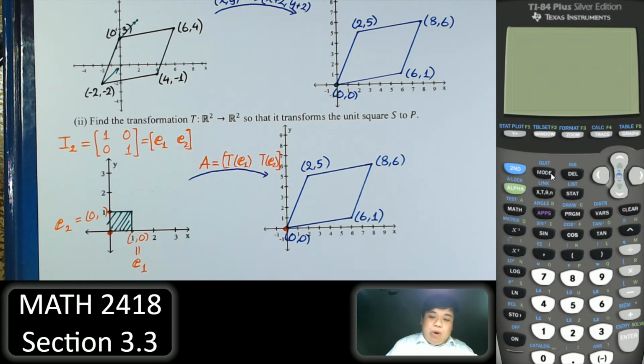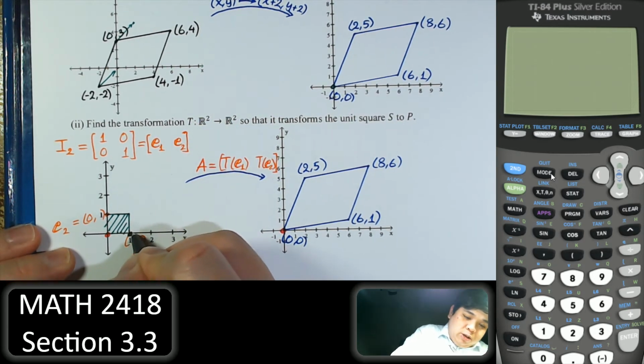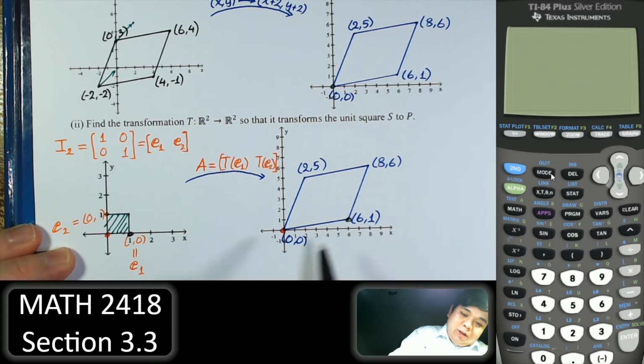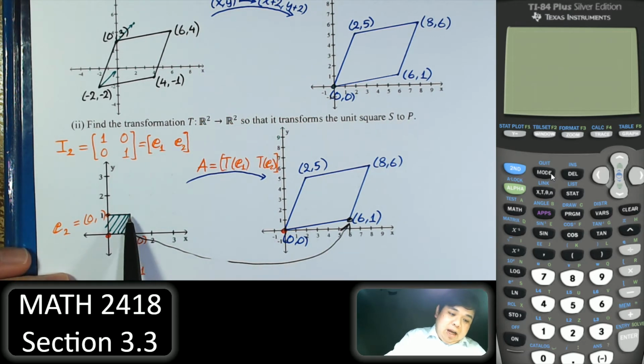Just map that in the clockwise orientation. So if we map 0 to 0, which is good, then we map this point into this point, and then that point into that, and this point into this.